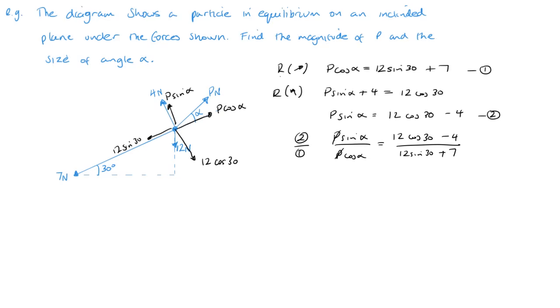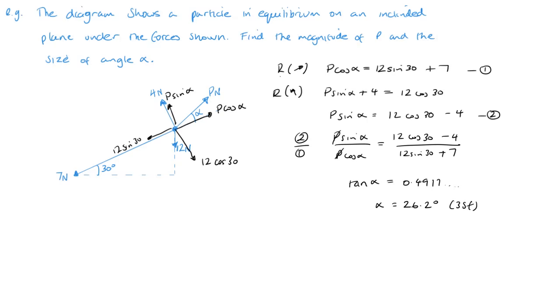The P's will cancel, and sine over cos is tan. So tan alpha is 0.4917 and so on. Shift tan to get the inverse gives me 26.2 degrees to 3 significant figures.